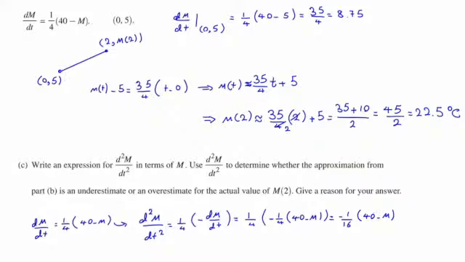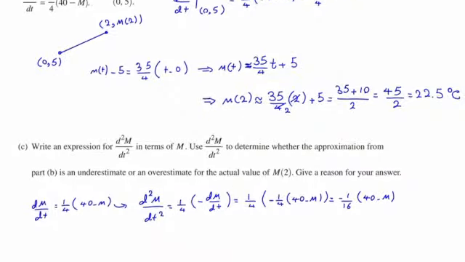Because we are approximating at 0, if you consider the point 0 and 5, when m is 5, what is d squared m dt squared? Negative 1 over 16 times 40 minus 5, and it will be negative 35 over 16. It is less than 0.